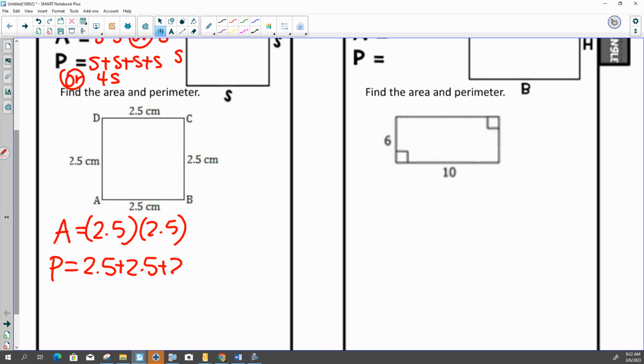You can do the shortcuts if you'd like. That looks confusing. 2.5 plus 2.5 plus 2.5 plus 2.5. You're going to fence all the way around it.